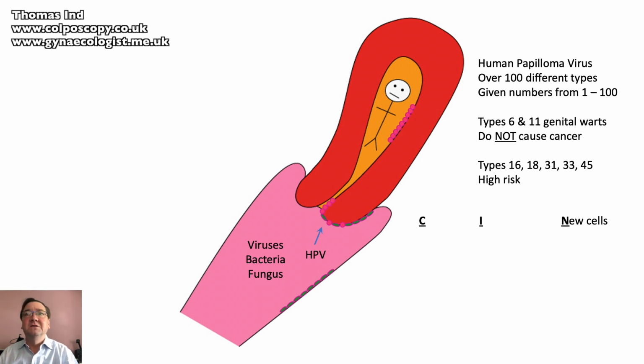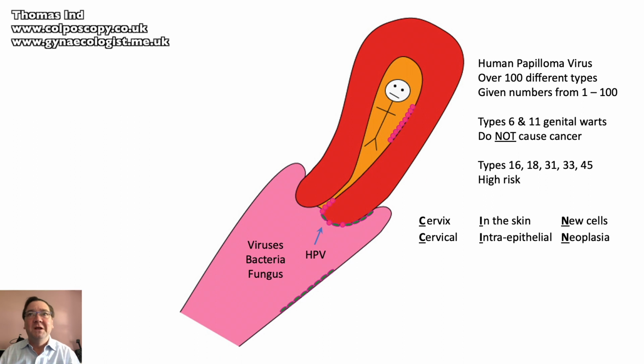It stands for new cells in the skin of the cervix. Now, we doctors would never call anything new cells in the skin of the cervix because it doesn't make us sound clever. So we call it cervical intraepithelial neoplasia. But it's just words, Latin derived, for new cells in the skin of the cervix.